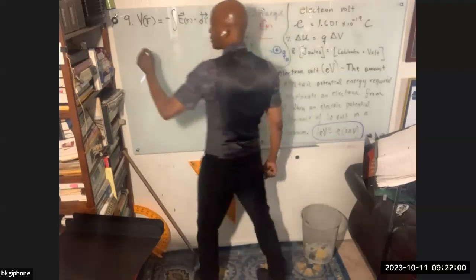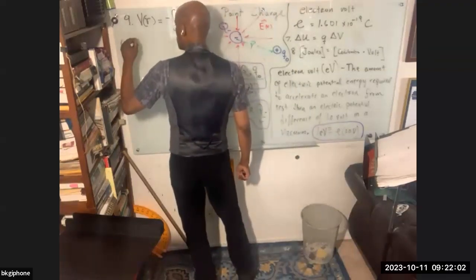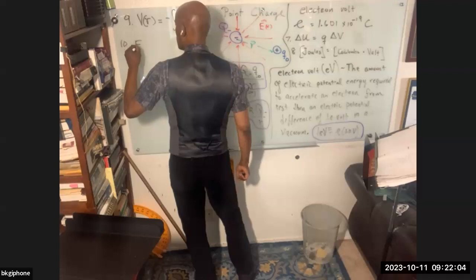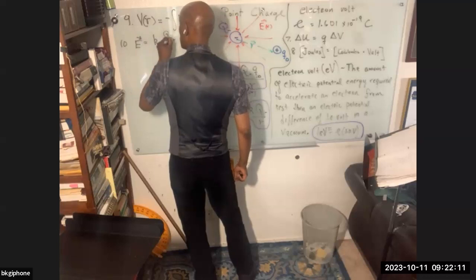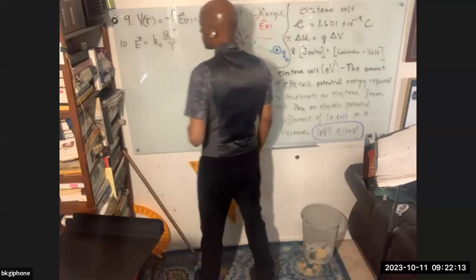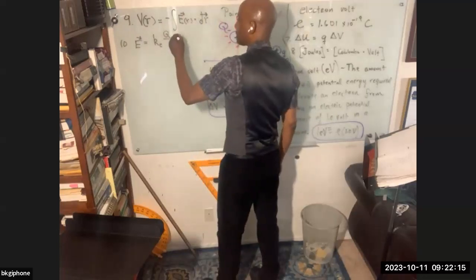But for a point charge, we've already determined a couple of weeks ago that E is equal to k_e Q over r squared, r hat.